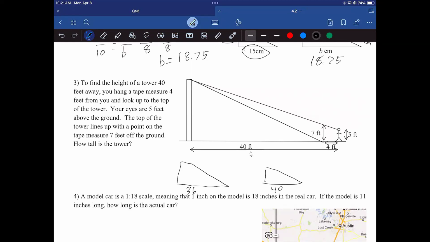But you hang a tape measure 4 feet from you. So you hang it right here. It's hanging. So it's saying this is what, 5?